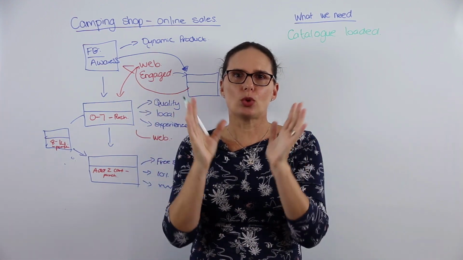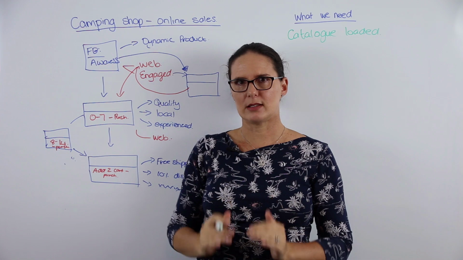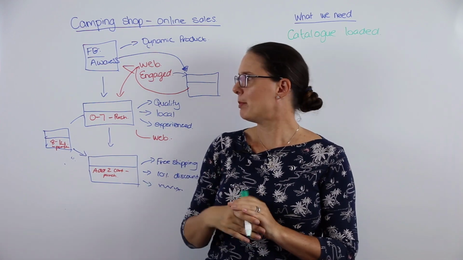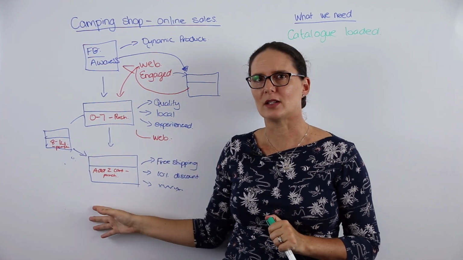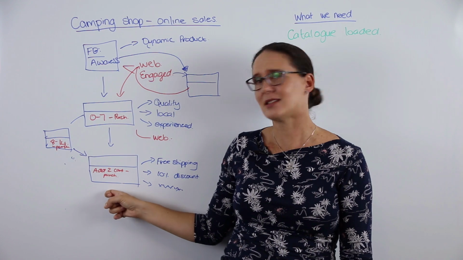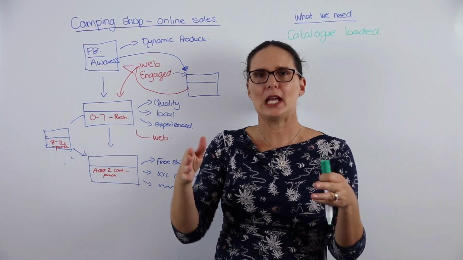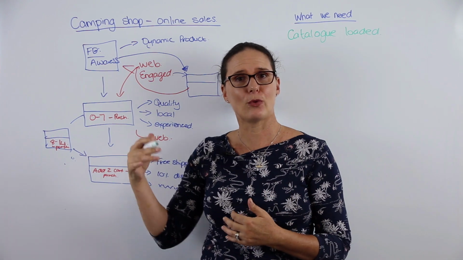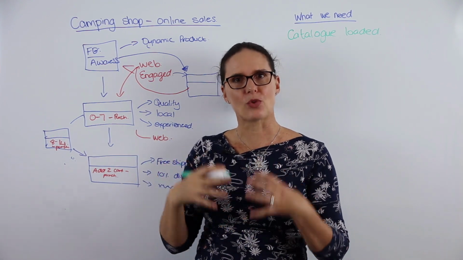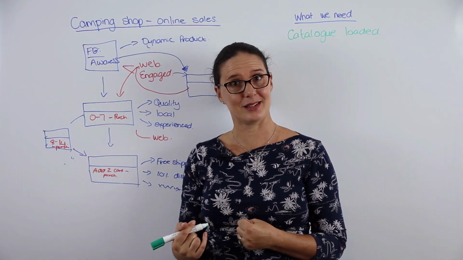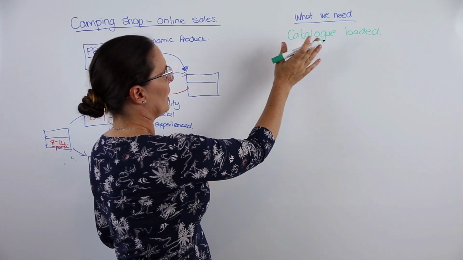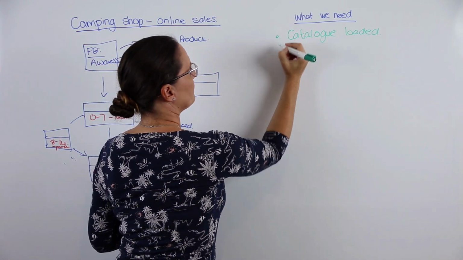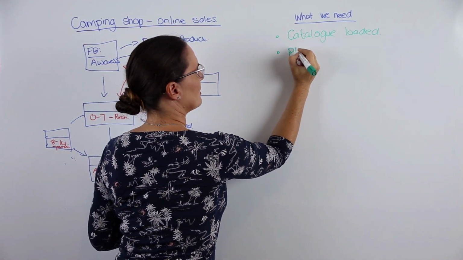Make sure that each of these steps is actually being tracked before you design your funnel around it. There's no point designing this and having one page with nowhere for people to go, or nothing for the Facebook Pixel to track to be able to create audiences with. So we're going to have our catalog loaded, and we're going to have checked our Pixel.